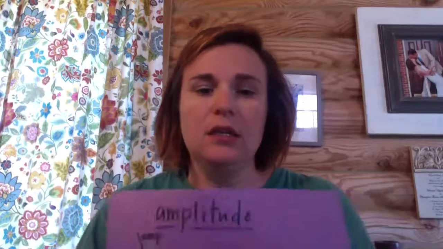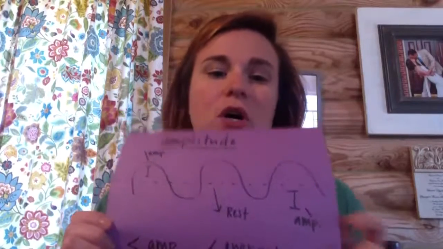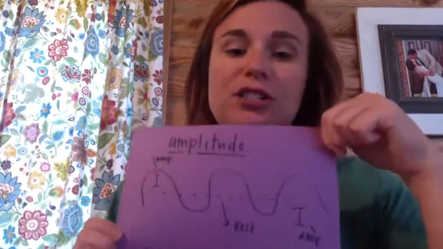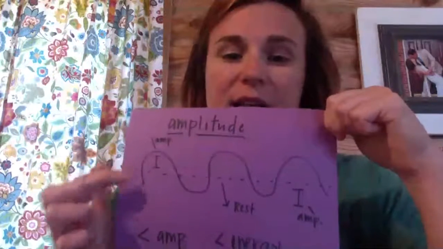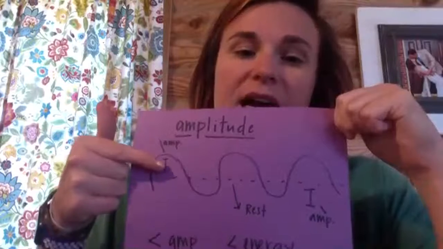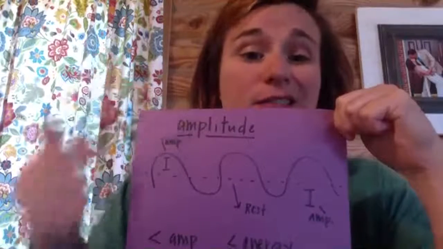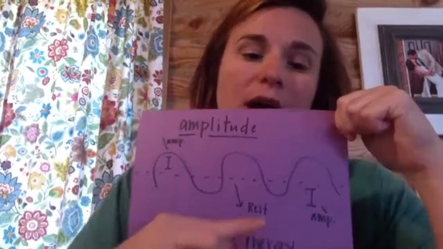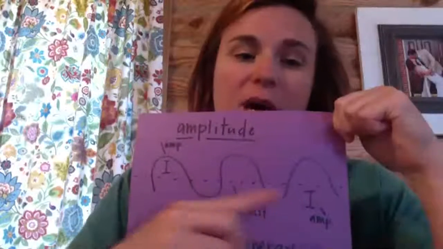So the first part that we're going to talk about is the amplitude for your waves. Amplitude is how much energy these waves give off, and you can see based on your crest and troughs. If my dotted line is my rest position, I would measure how high my crest is, and that would give me my amplitude, or I can measure how far my trough goes.